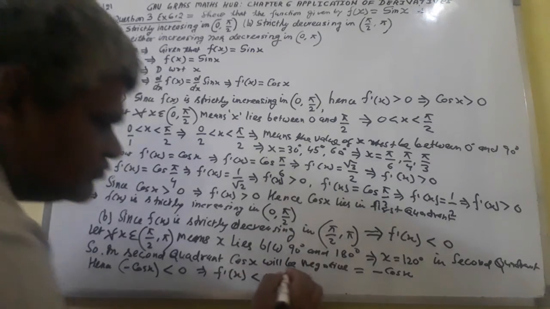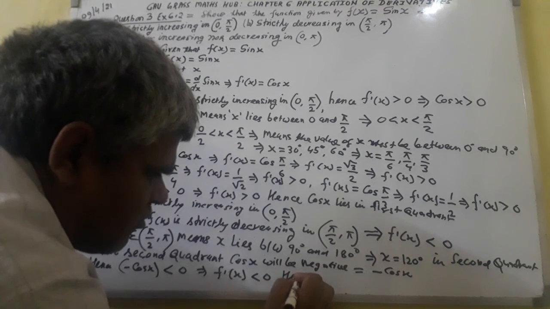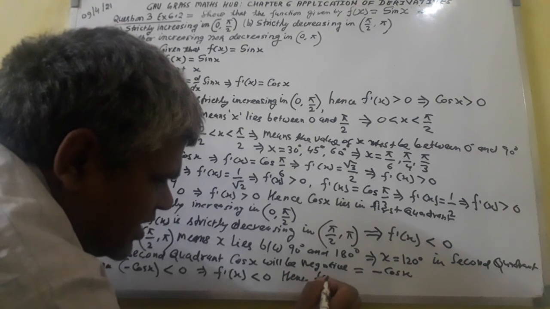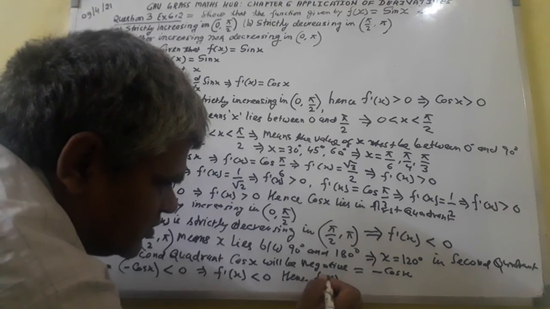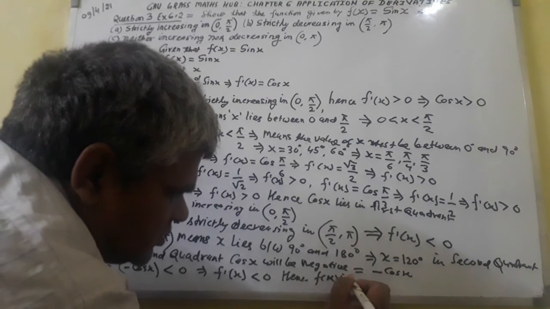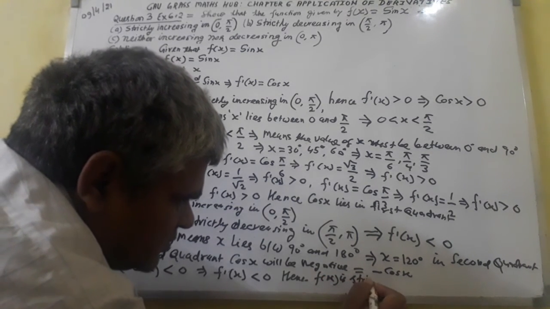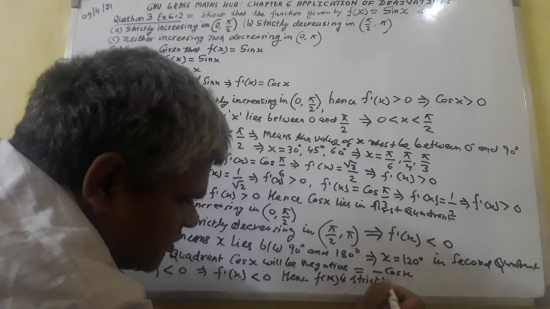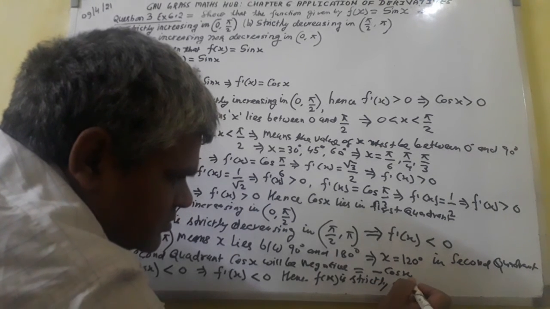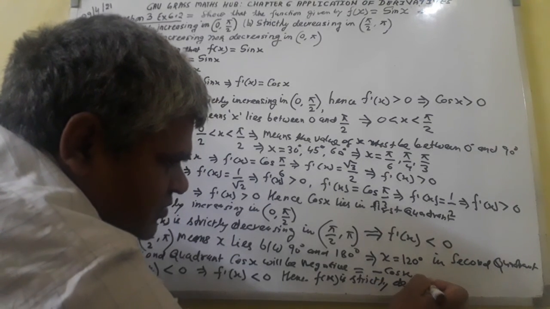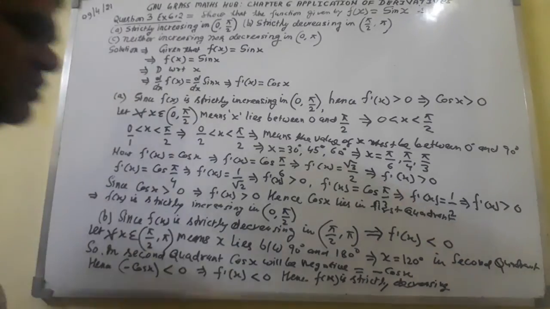Hence, f of x is strictly decreasing in open interval pi by 2 comma pi open interval.